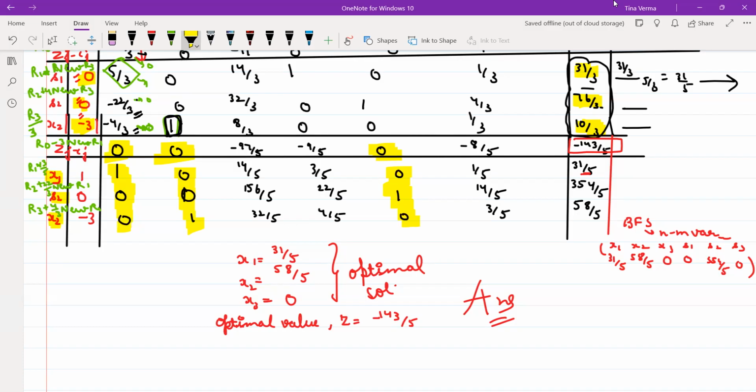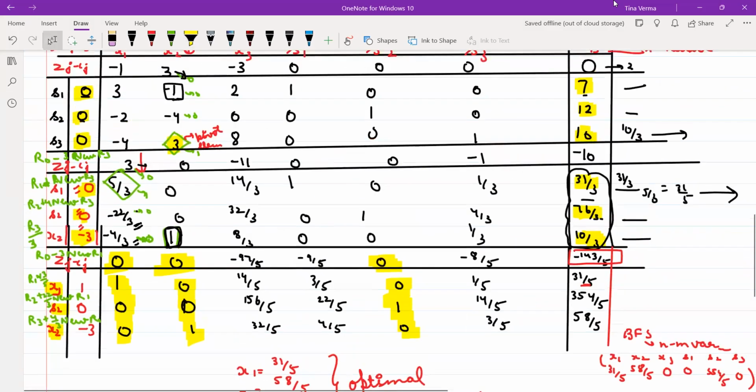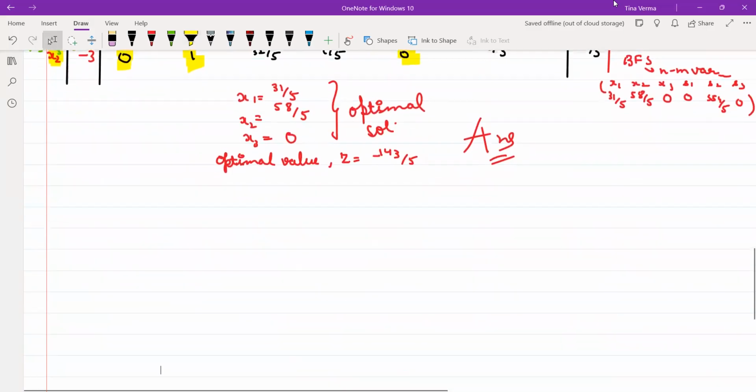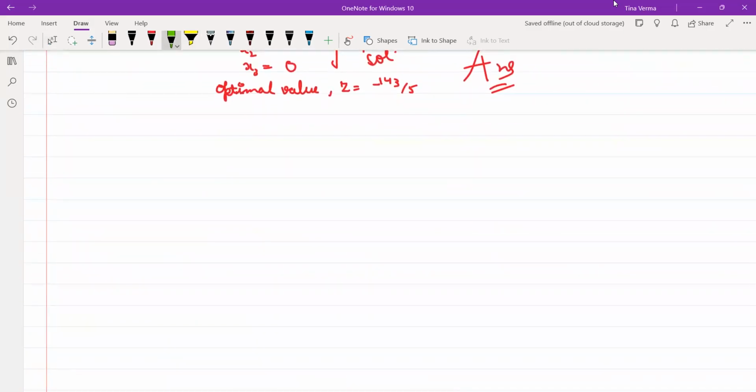In every table, in every iteration, even if you look at the earlier iteration, your basic variables were s1, s2, x2, and corresponding to them 0 is coming, and identity matrix is coming. x2 is on the third level, so you will have an identity matrix. Is it clear? Next question.